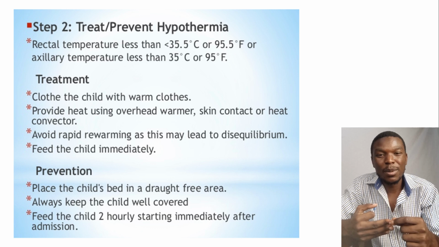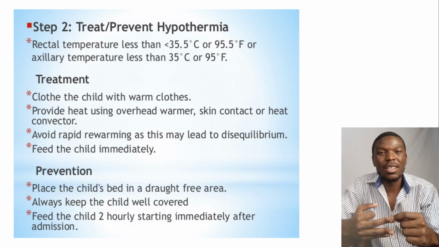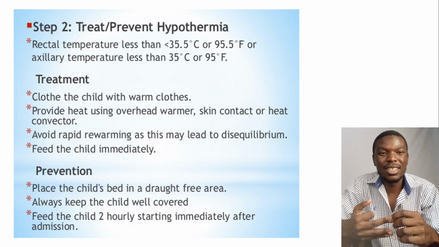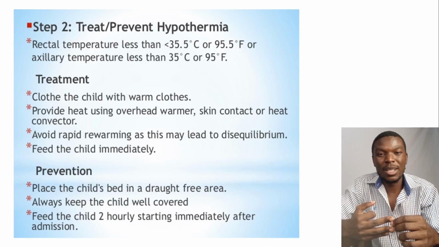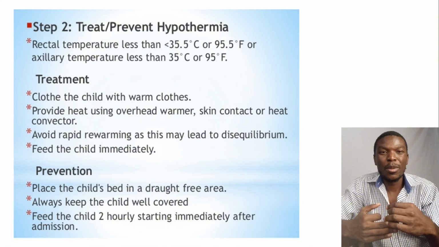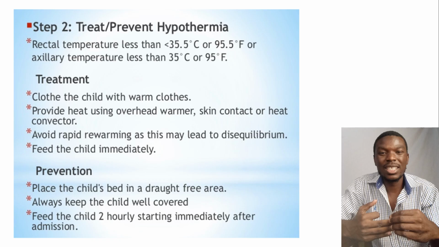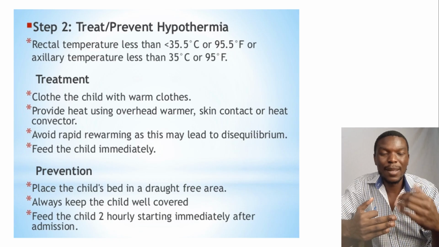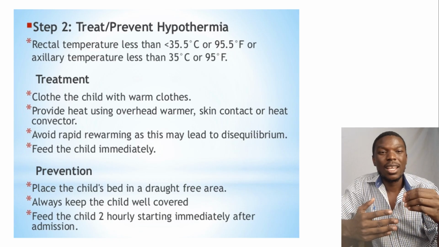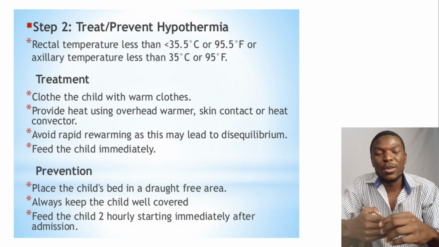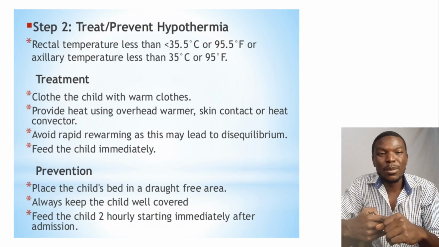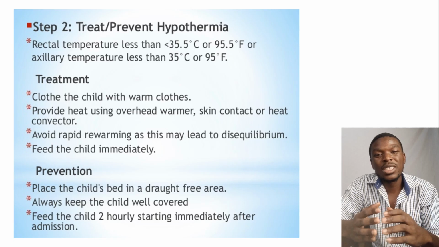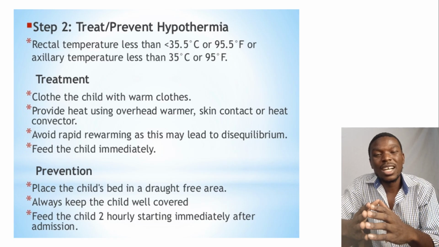In instances where the child is small enough to be put on the mother's chest, you can ask the mother to put the baby on her chest and then cover the baby so that there is that heat exchange between the mother and the baby. Then we avoid rapid rewarming as this may lead to disequilibrium. So we need to warm these children slowly.